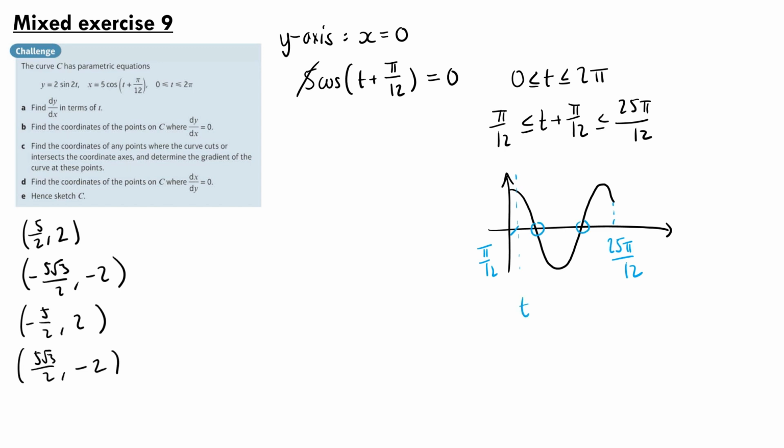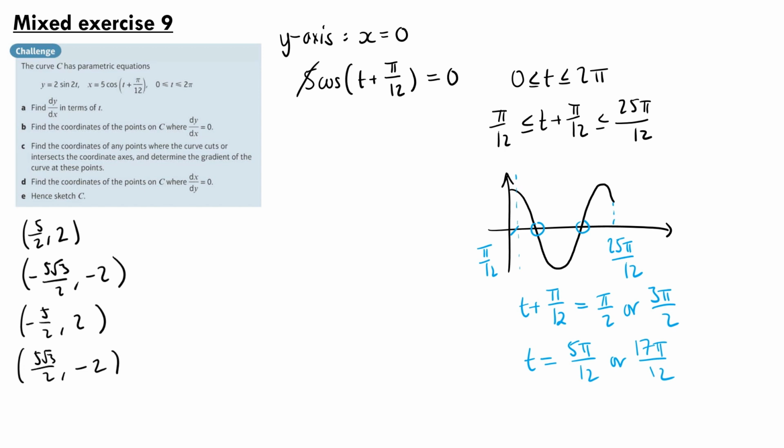So t plus pi over 12 is going to equal pi over 2 or 3 pi over 2. So t at the points where the curve meets the y-axis are therefore going to be pi over 2 take away pi over 12, which is 5 pi over 12, or 3 pi over 2 take away pi over 12, which is 17 pi over 12.